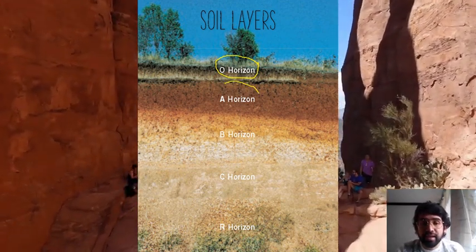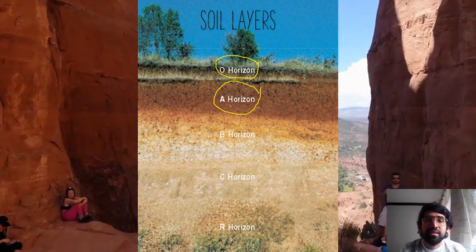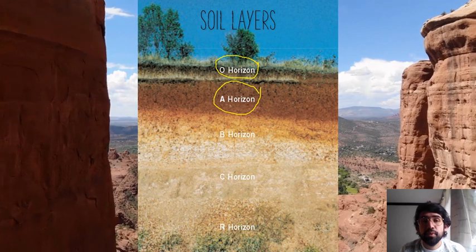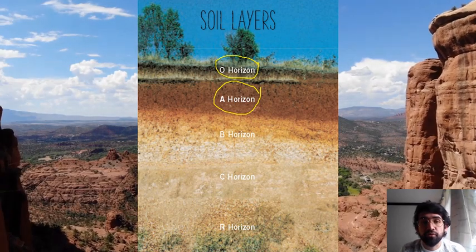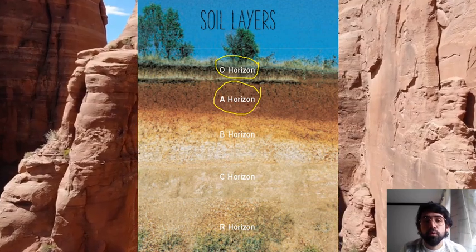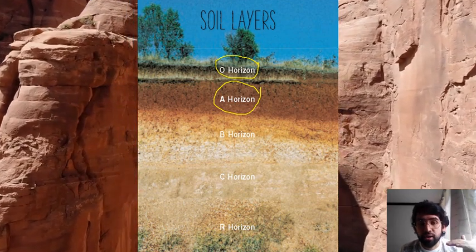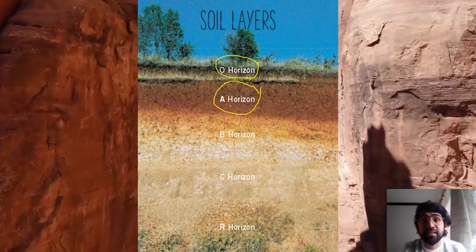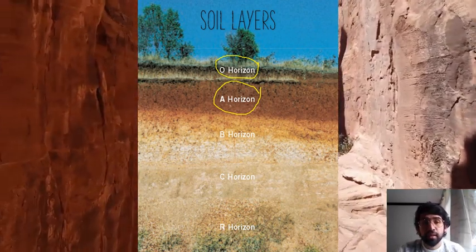Then we got the A horizon, which has a large amount of humus and organic matter. This part consists mostly of rock fragments and crystalline minerals. Plant roots reach this layer, and also we got worms, insects, bacteria, and fungi living here.